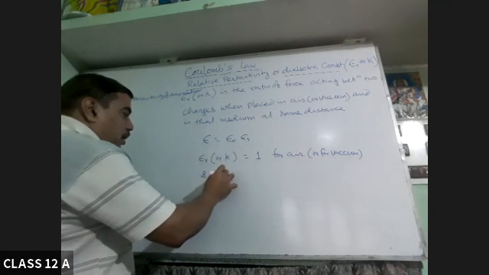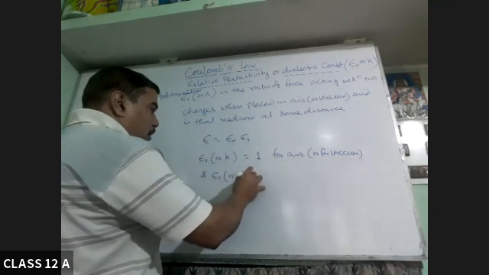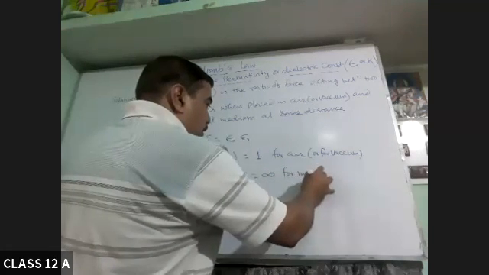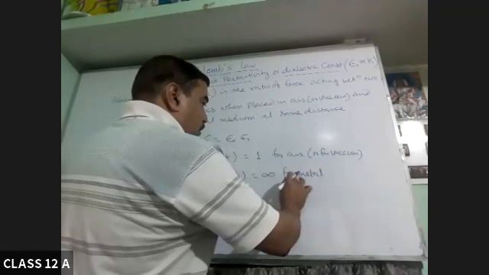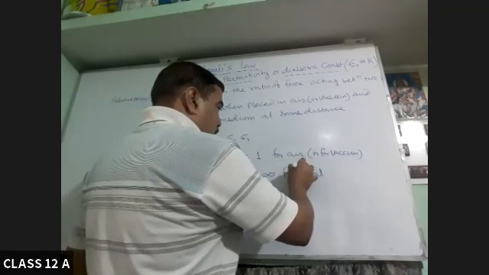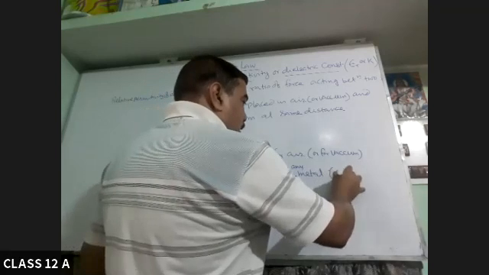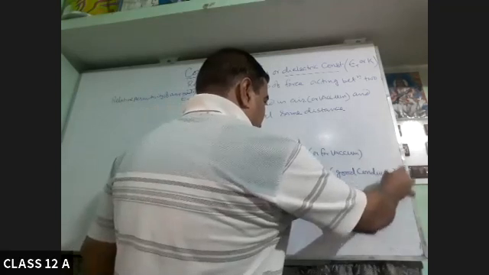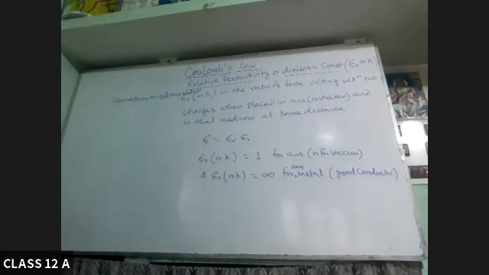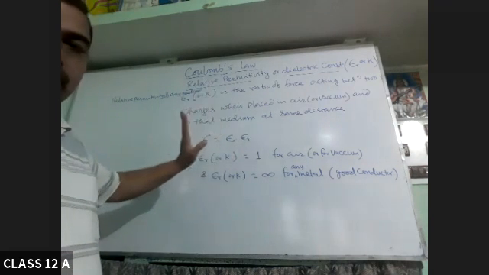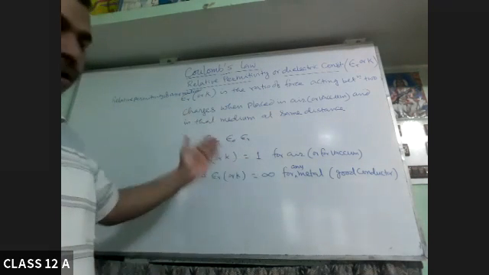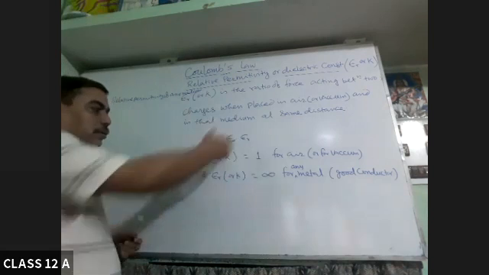And this epsilon r is infinity for metal, a good conductor. So epsilon r is not less than 1. This is the minimum value and this is the maximum value. For any other medium, it will be within this range.